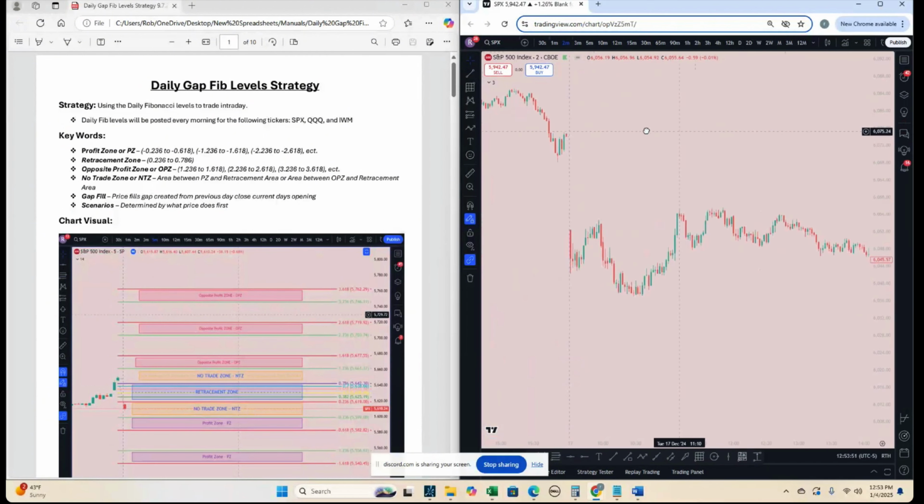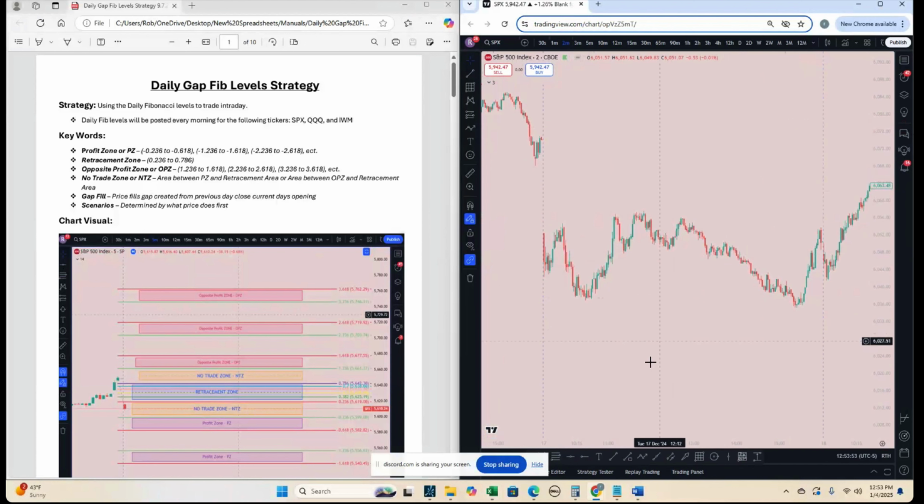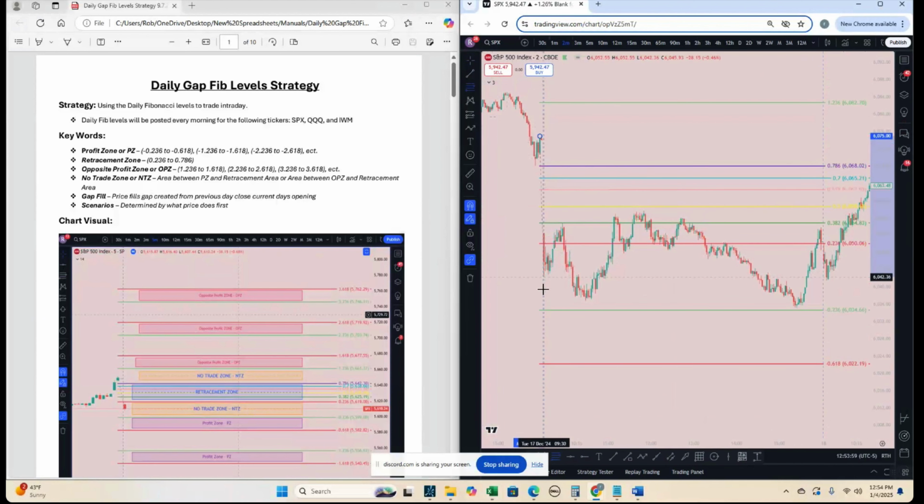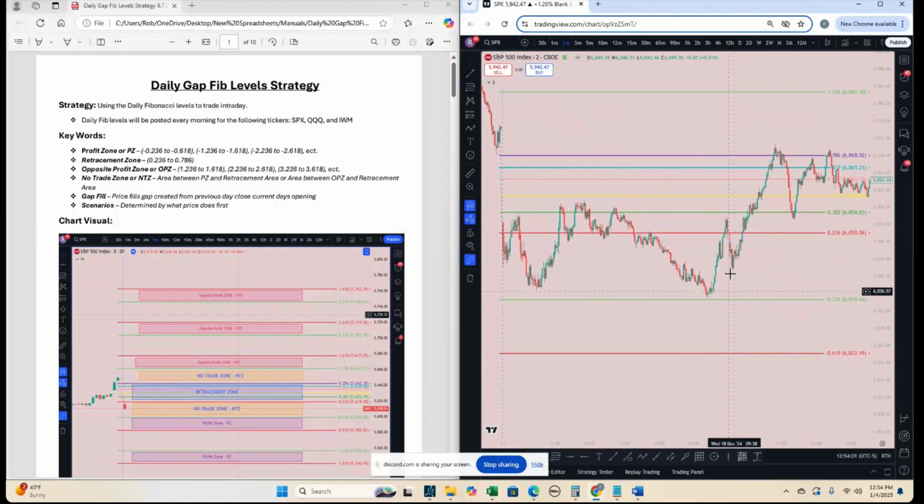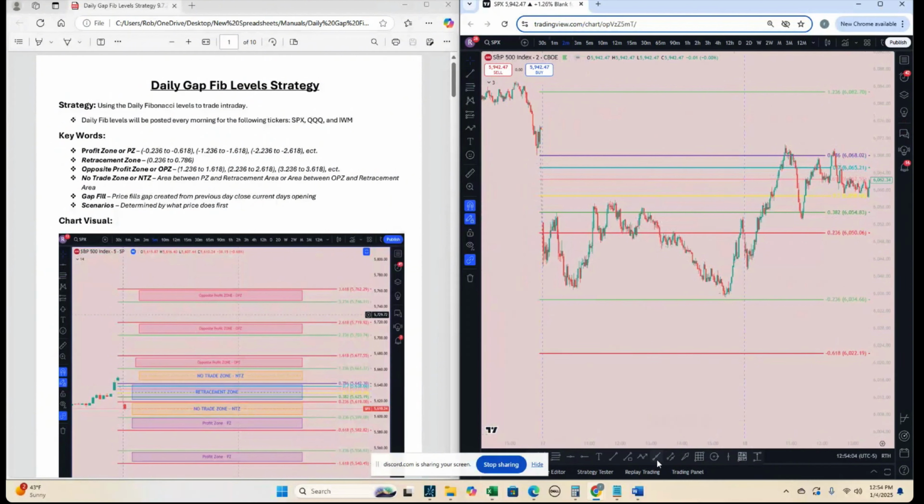So scenario 5, we go ahead and hit our gap fib on. All right. So here's yesterday's close.